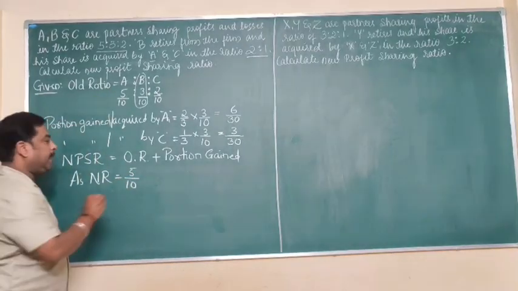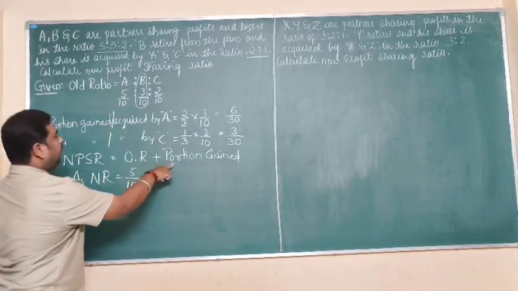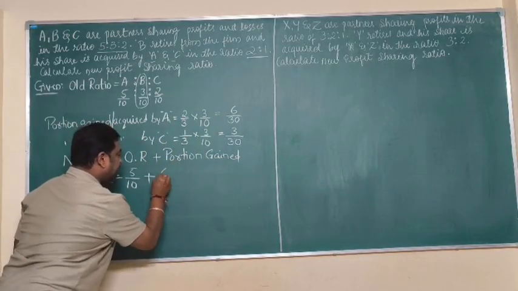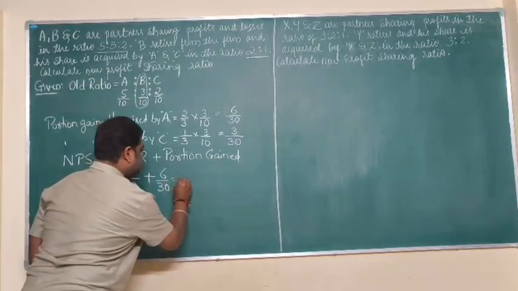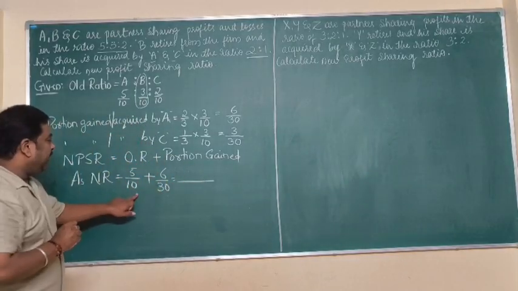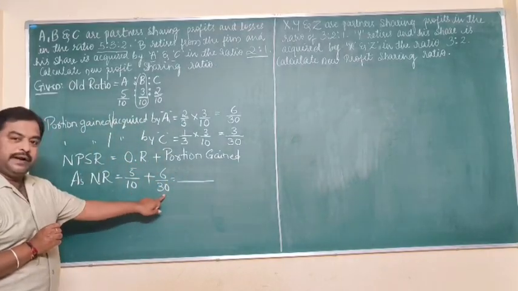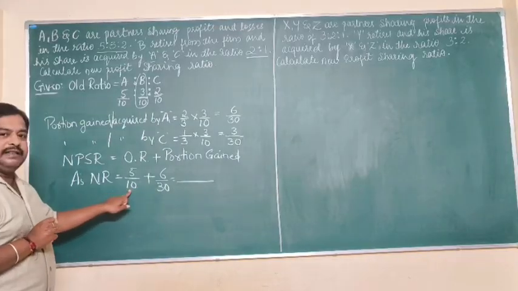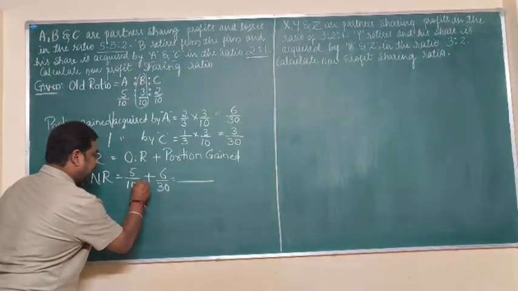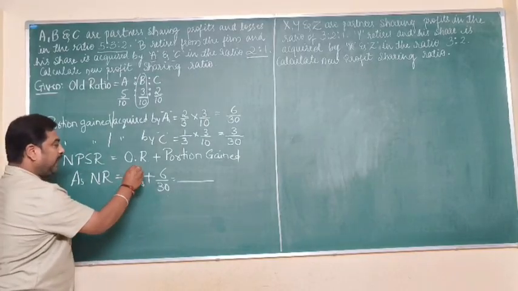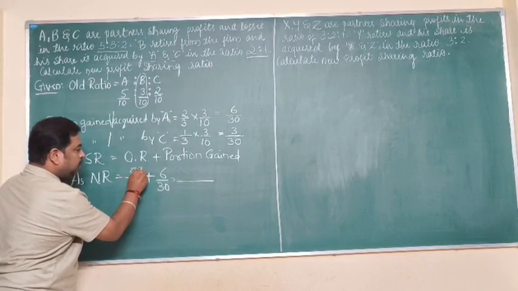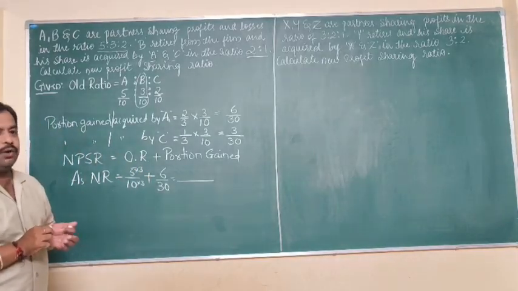5/10, okay, plus what is A's portion gained? 6/30. Now if you observe here, one denominator is 10 and one denominator is 30. Can we not make this 10 as 30? 10 3s are 30. So if you are multiplying into 3 for the numerator, I have to multiply into 3 for the denominator also.